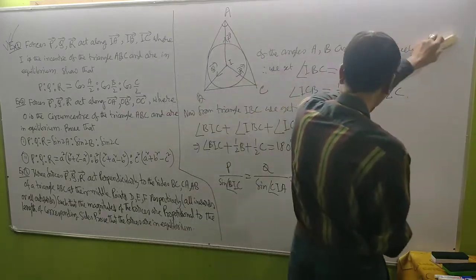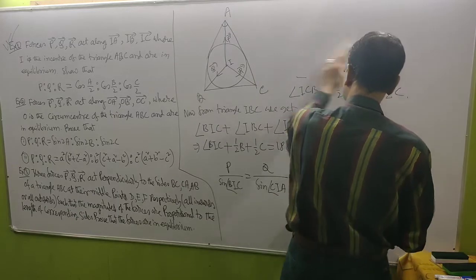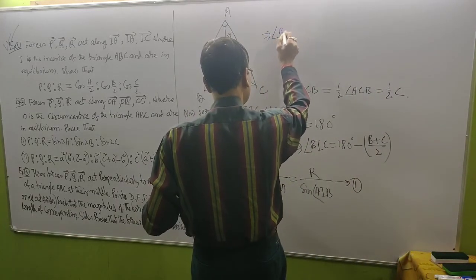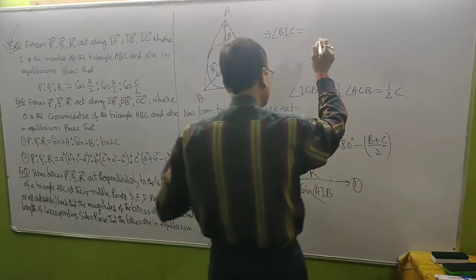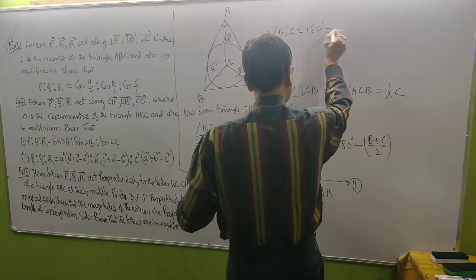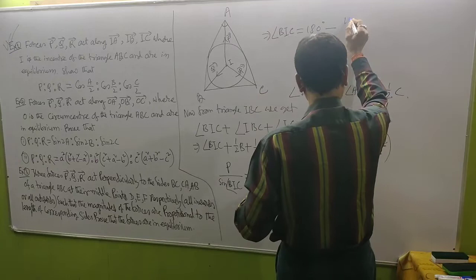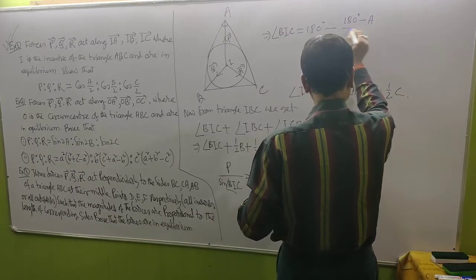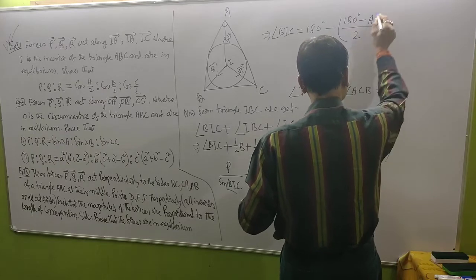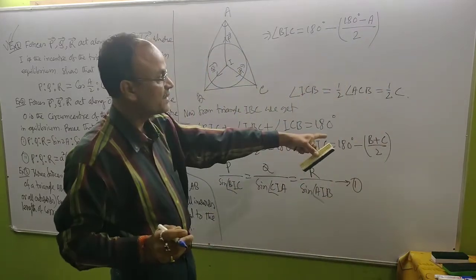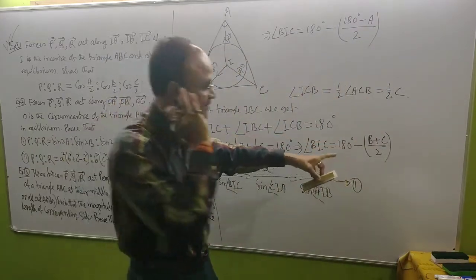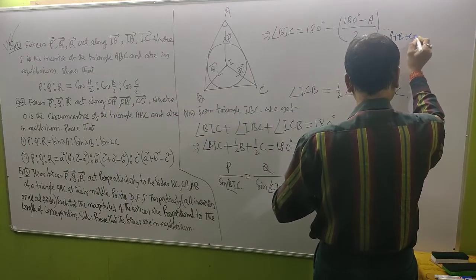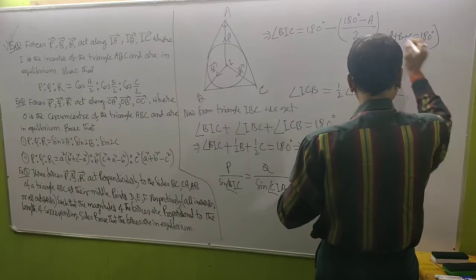This implies BIC equals 180 degrees minus (180 degrees minus A) by 2, since A plus B plus C equals 180 degrees, the sum of the interior angles of a triangle.